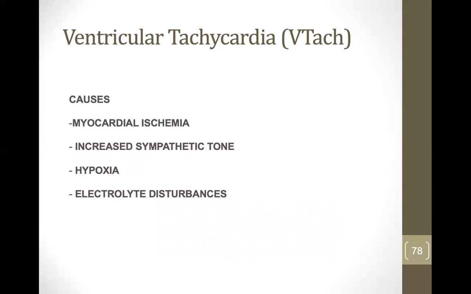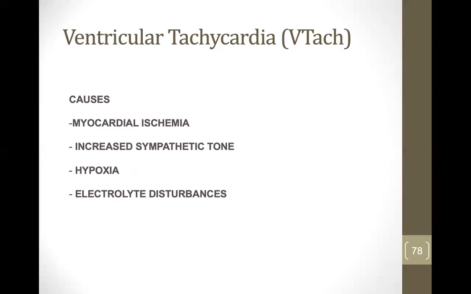With our ventricular tachycardia, what causes this? Not having enough oxygen getting into the heart muscles themselves because of a lack of blood flow. It can also be because we have an extreme outpouring of sympathetic activity. So if our sympathetic nervous system is overacting, we can have ventricular tachycardia happen.